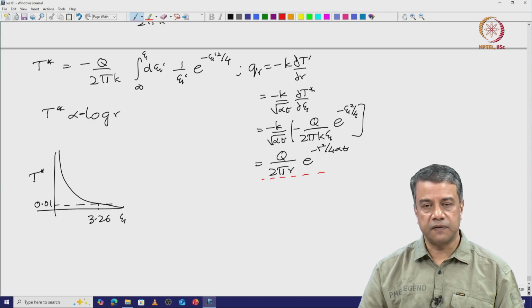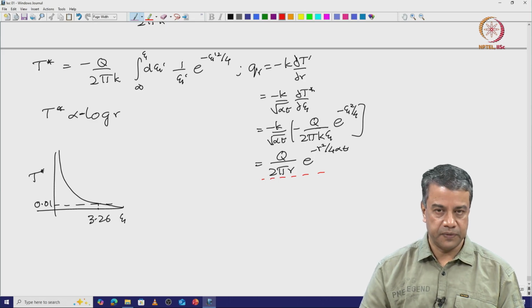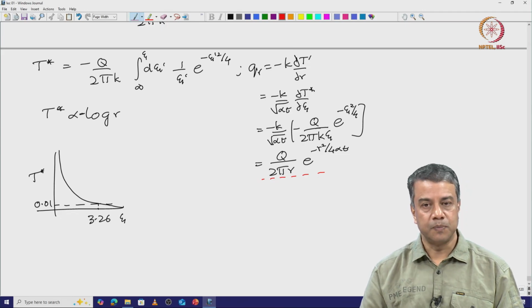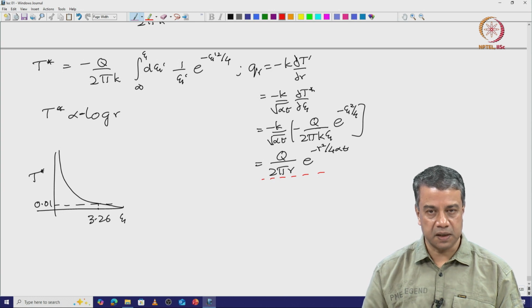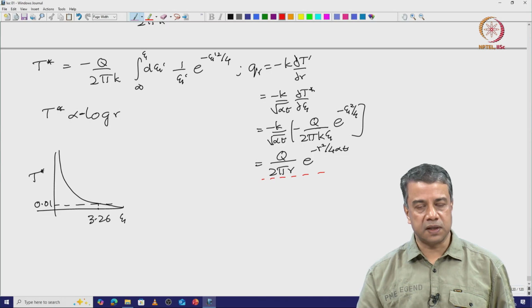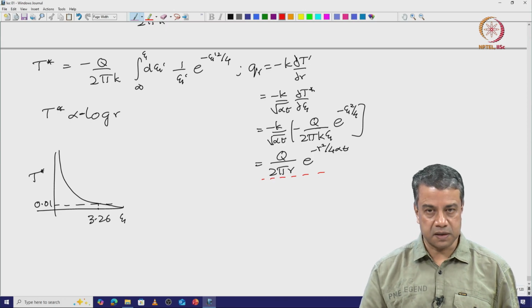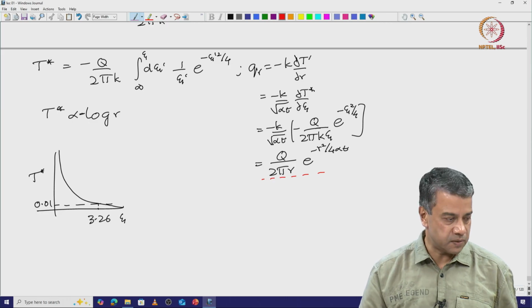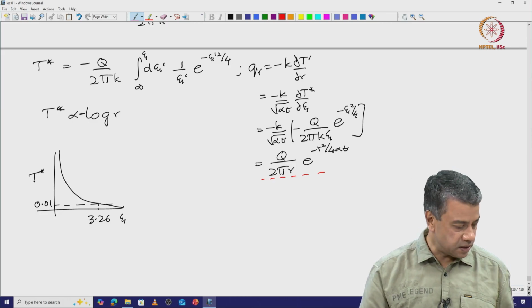However, heat flux times the area, in this case the perimeter times the height, perimeter is 2 pi r, so heat flux times 2 pi r is finite. That is the heat transferred per unit time per unit height, from the wire, that is a constant. Heat flux itself increases proportional to 1 over r in this approximation, and the temperature increases as log of r in this approximation.